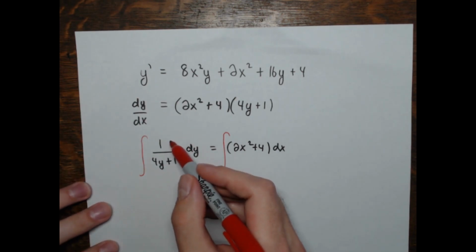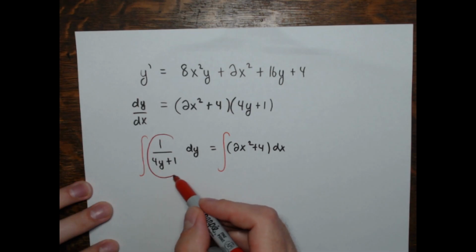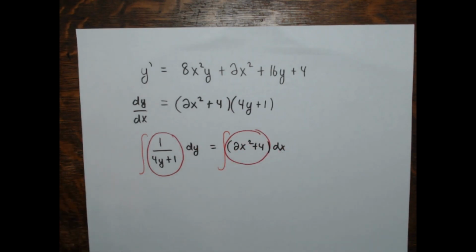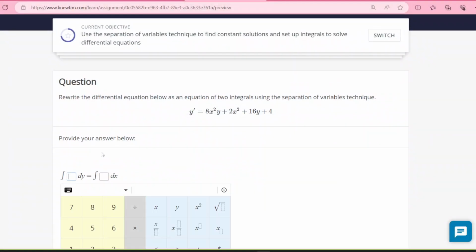But like previous examples, all they're asking for are these integrands that I just circled. So on the left with the dy, we got 1 over 4y plus 1. On the right, the integrand with the dx, 2x squared plus 4.